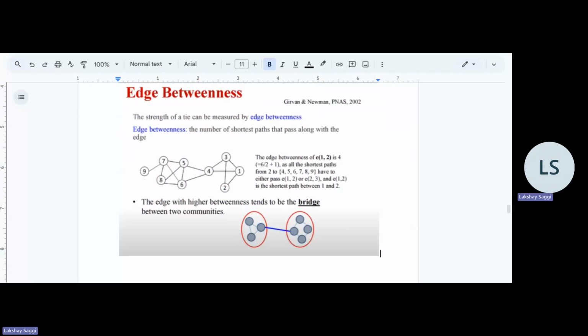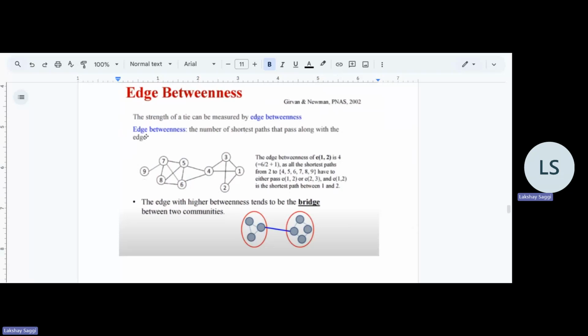I think edge betweenness has already been discussed on numerous occasions in previous lectures. What's the edge betweenness for an edge? It's the fraction of shortest paths which use that edge.